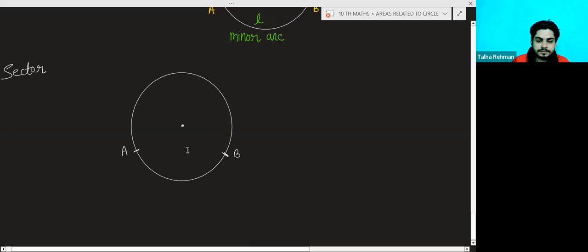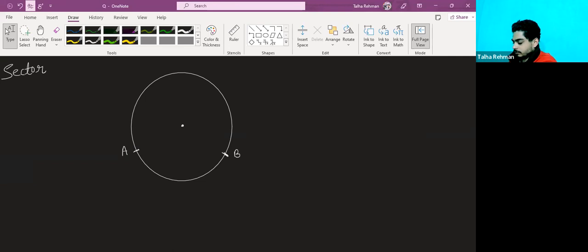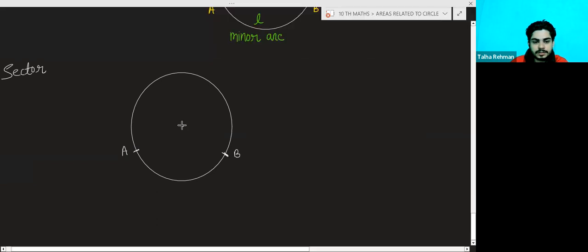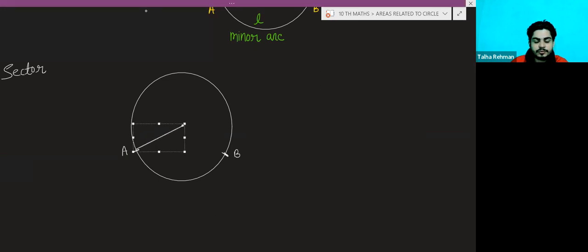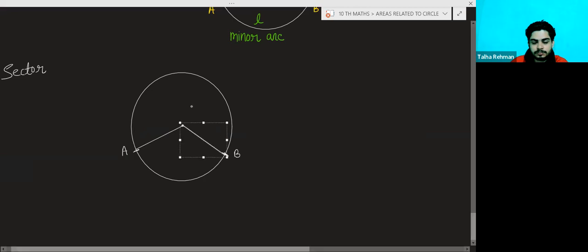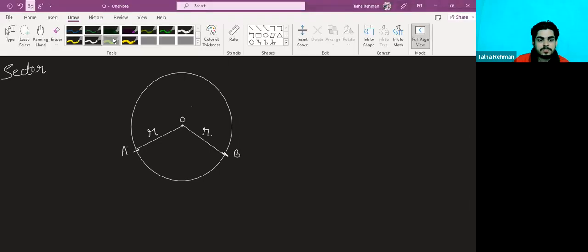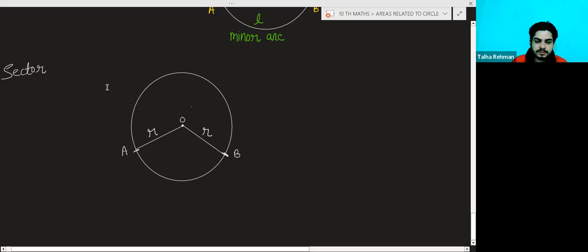If you join A with the center and B with the center, and suppose the center is O, then OA is also a radius and OB is also a radius. So this part is known as the sector.